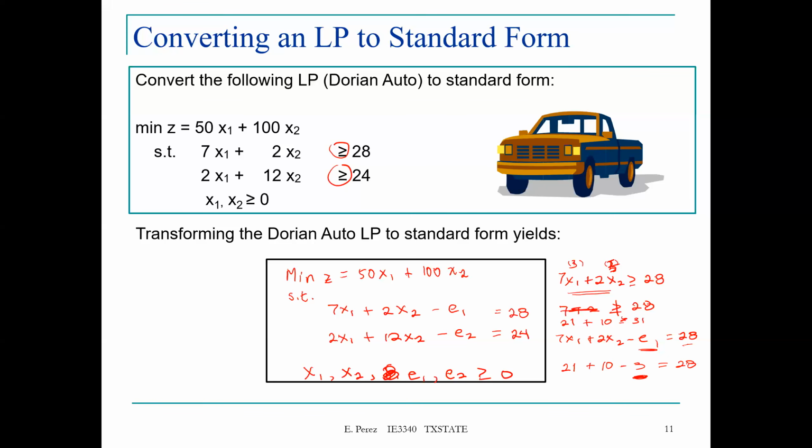In this problem, we were talking about being able to reach out to a specific population. If you go above that 28, it means that your campaign was able to reach out to more population than you expected. And if you want to know how much more, you can use that excess variable to quantify that amount.